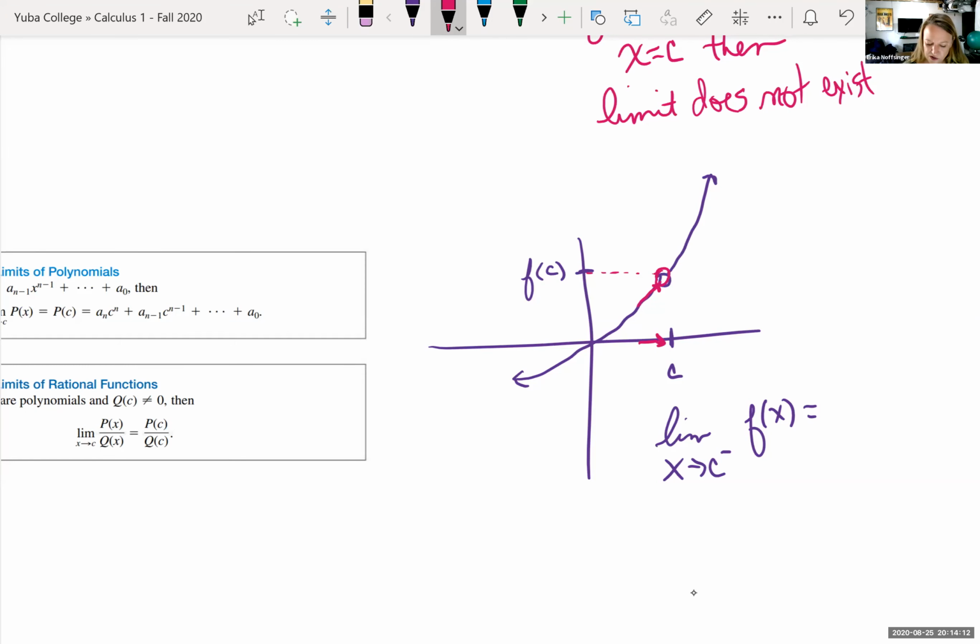And the same thing here, as we're coming in on the right, that y value we're getting is also getting closer and closer to whatever that f of c value is. And so the limit exists.